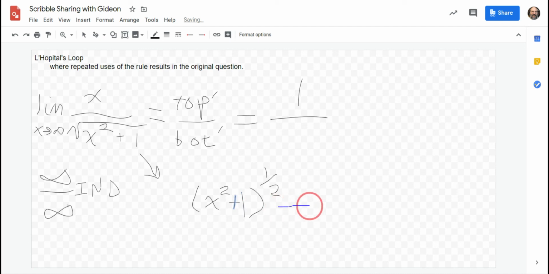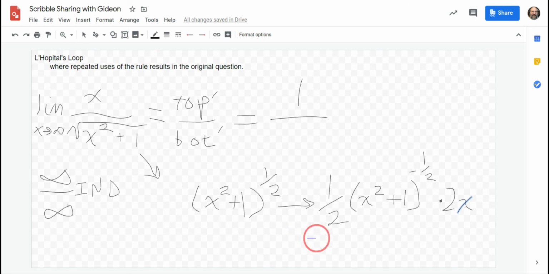When I take the derivative, that becomes, power rule, 1/2 times x squared plus 1, and I lower the power by 1, so I get negative 1/2. And of course, I have to use the chain rule because this is not just a simple x. I applied the power rule, but there's something complicated inside the parentheses, so I have to multiply by the derivative of x squared plus 1, which is 2x.